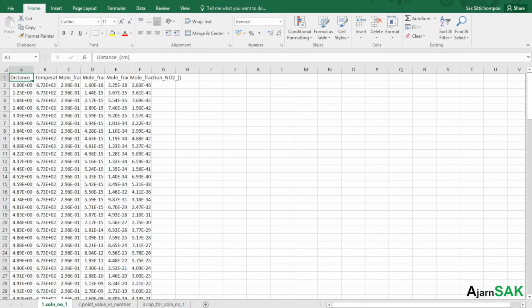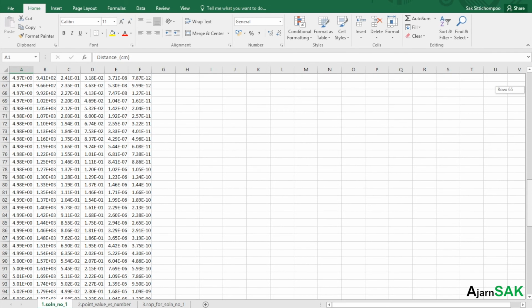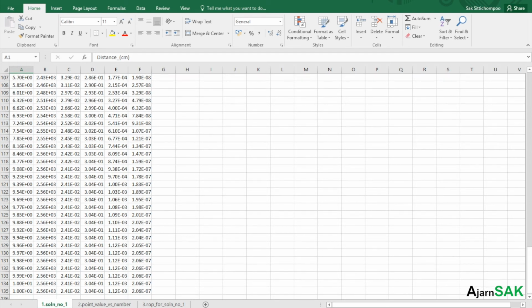Excel. So solution number 1, depending on the distance of your reactor. These are divided by the number of iterations it has, not necessarily 1000. But your start position would be 0, your end position would be 10 centimeters.